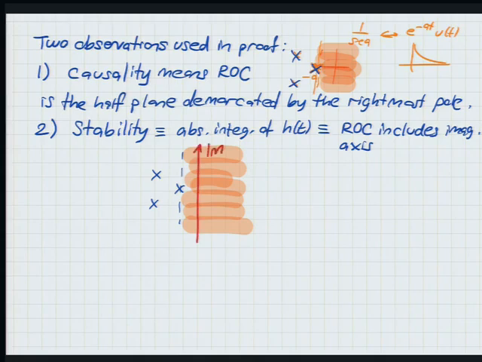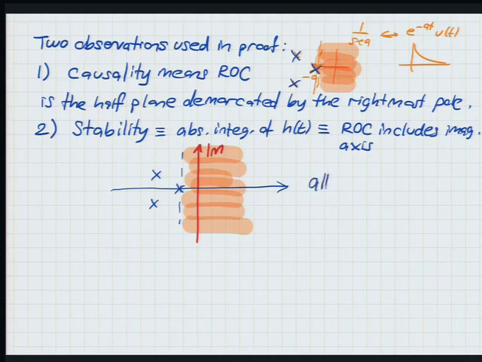Okay? So we put these two things together, and what do you see? ROC must be to the right of the rightmost pole, and it must include the imaginary axis. Therefore, all of the poles must be to the left of the imaginary axis, right? That's it. So it's a combination of two observations. Okay? So this picture is the proof.